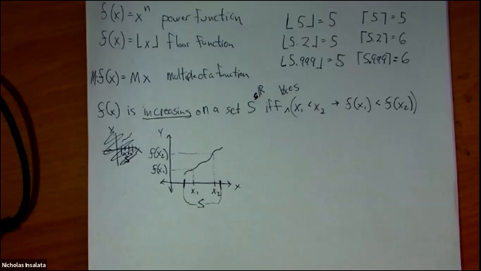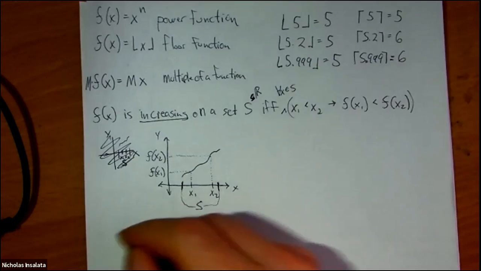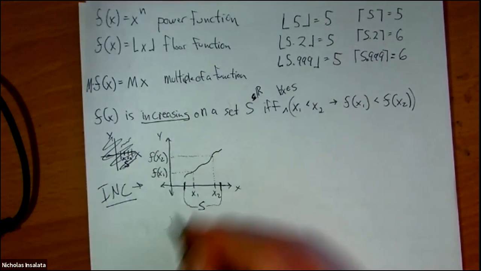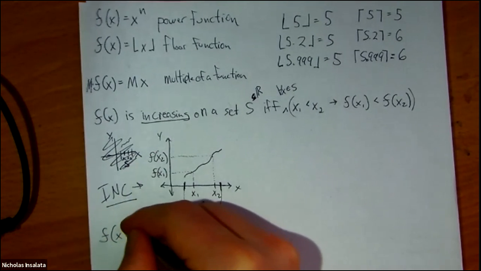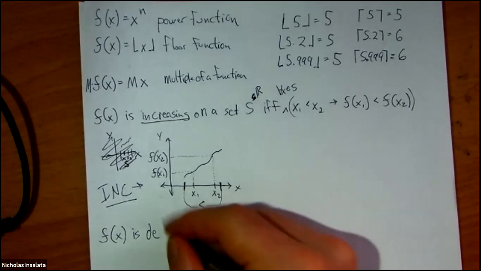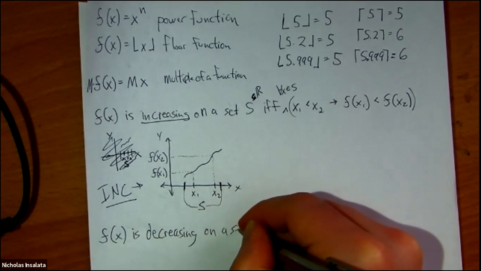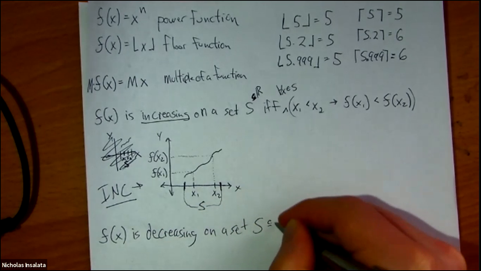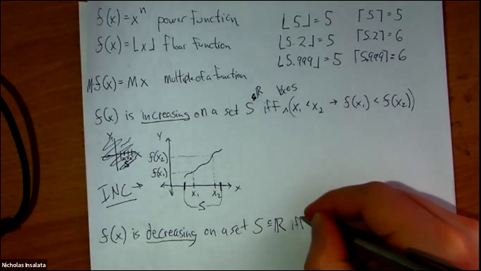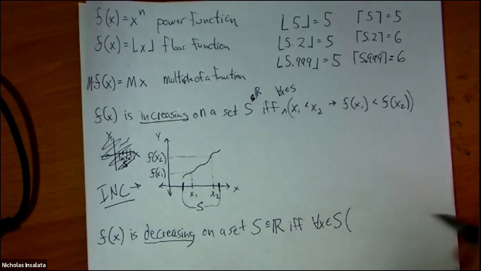Okay, so let's try decreasing, right? So here's increasing. So f of x is decreasing, and let me not screw it up this time. Decreasing on a set S, which is contained in the real numbers, if and only if, for all x in S, what?